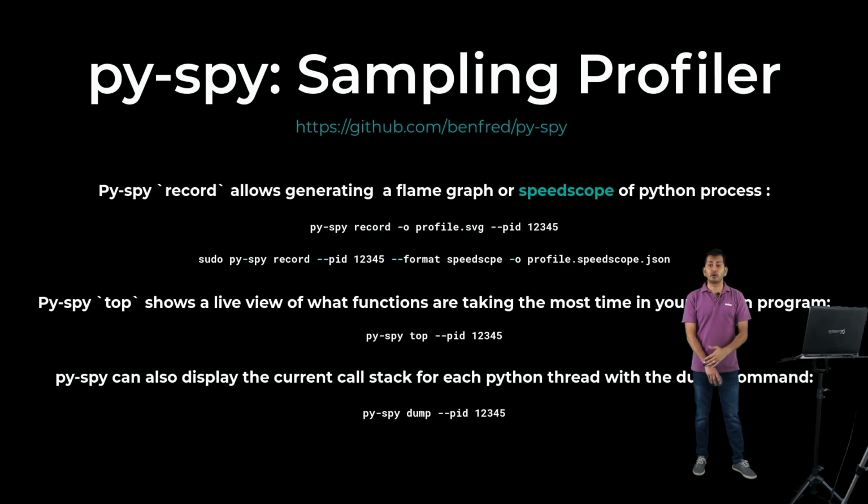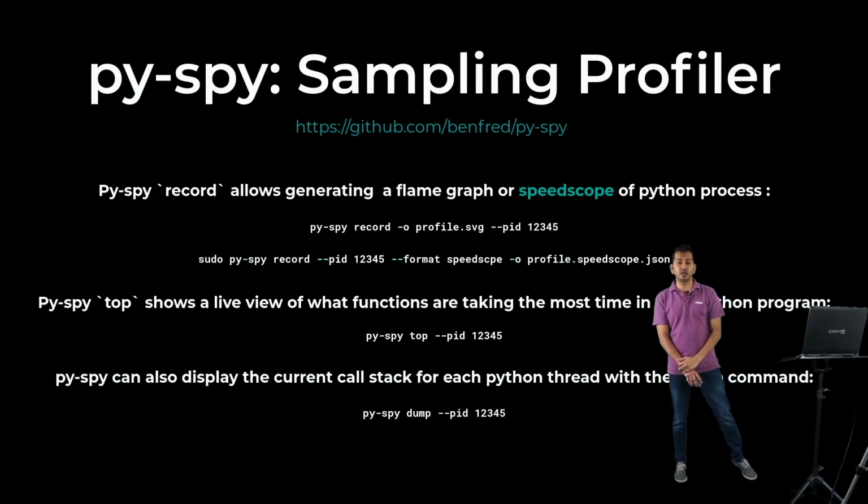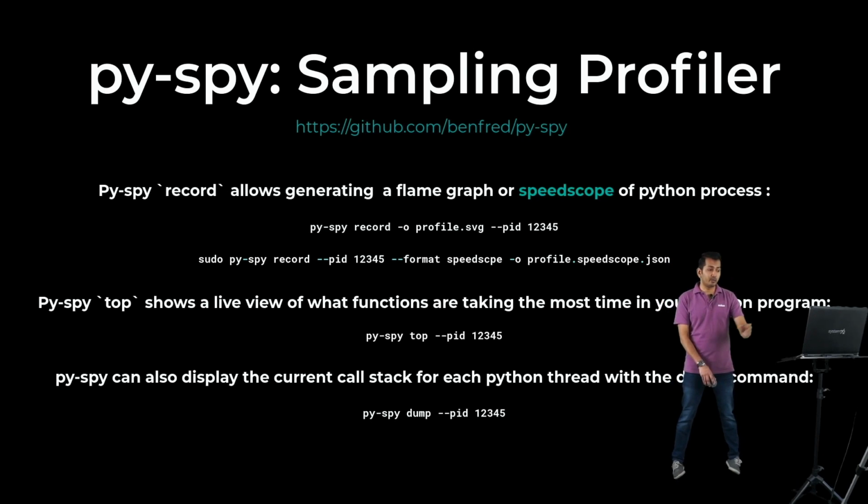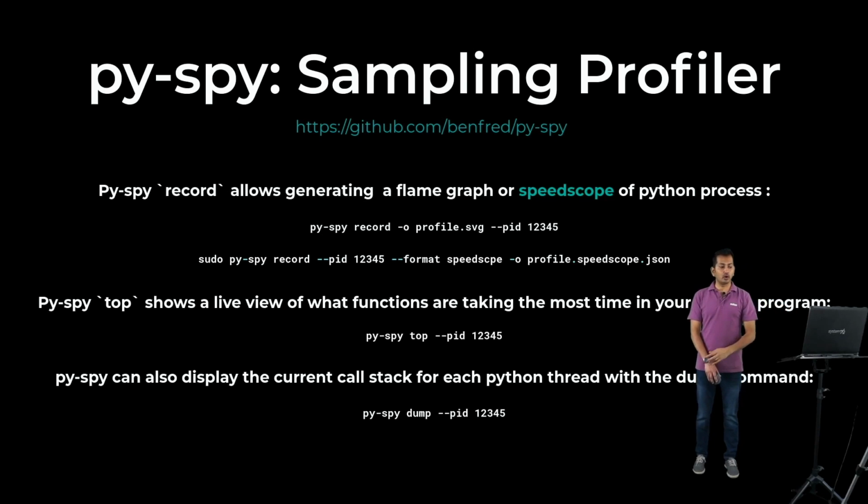The good part about PySpy is it does not require restarting the server. So if you wish to debug your production, PySpy can help you with that. You can generate a flame graph, or you can also do a live snippet execution like htop using pyspy top. Or you can use pyspy dump to dump the execution stack trace. So PySpy is a very efficient tool.